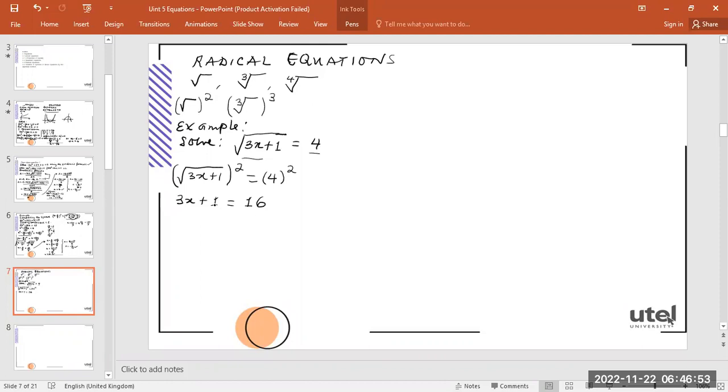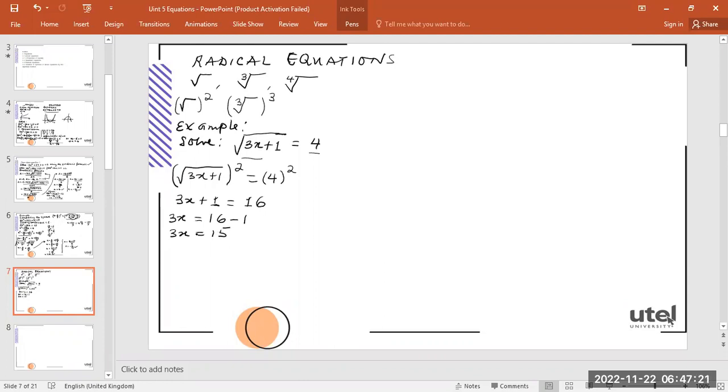So we are left with a very simple linear equation. To solve for x, we move this 1 to the right-hand side where the constant 16 is, so we isolate the 3x. So we have 3x is equal to 16 minus 1, which gives us 3x is equal to 15.